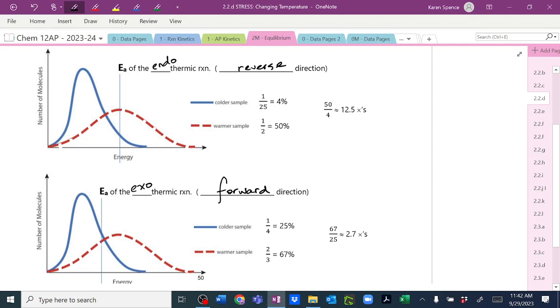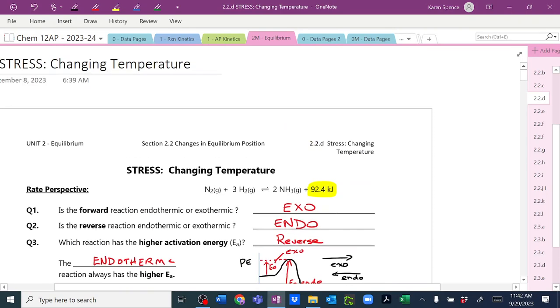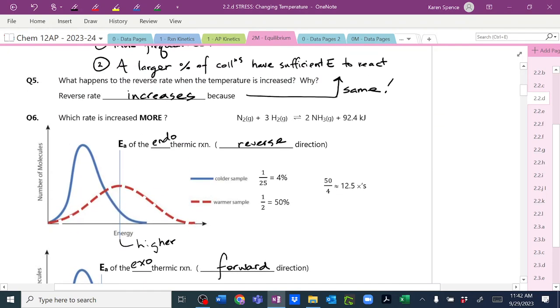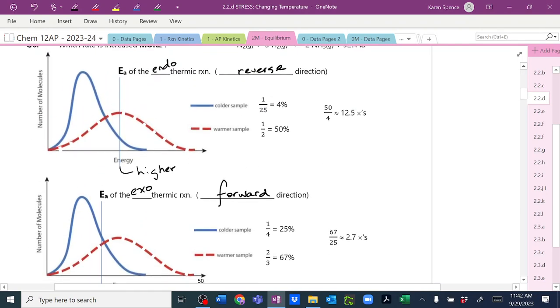This is a higher energy. Forward reaction is exothermic. I was confused too, I almost wrote the wrong thing like twice.